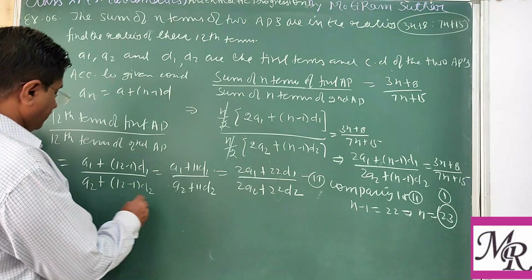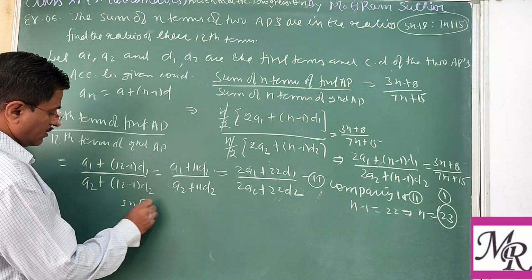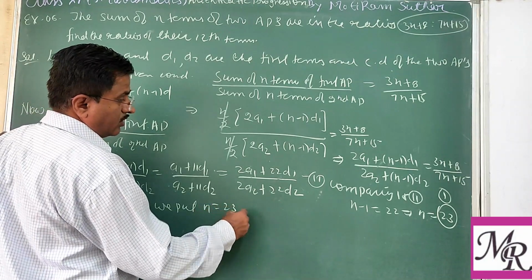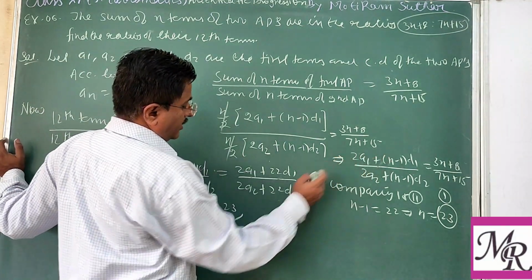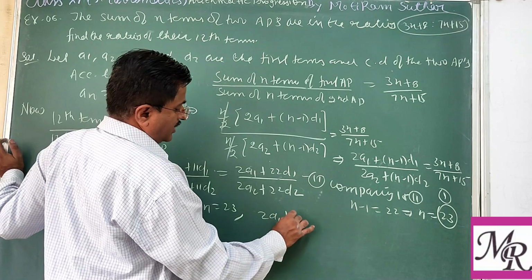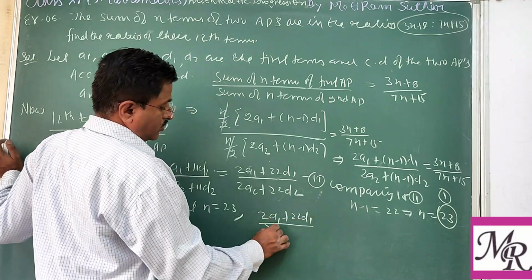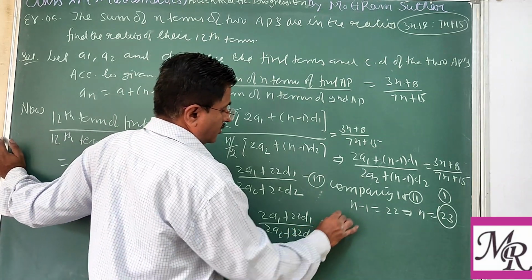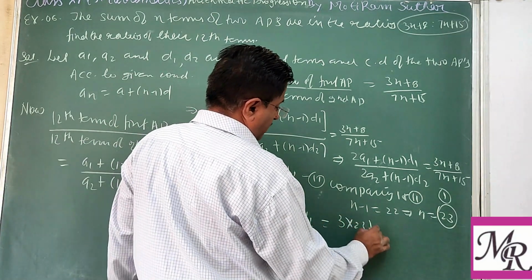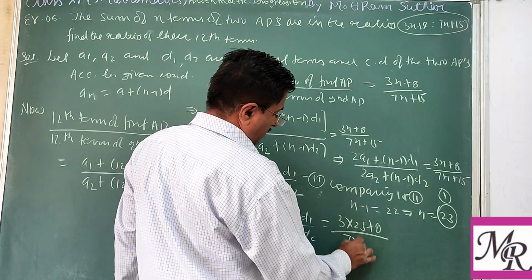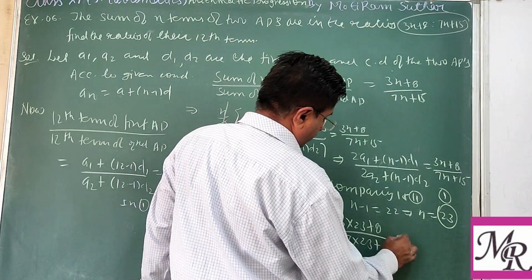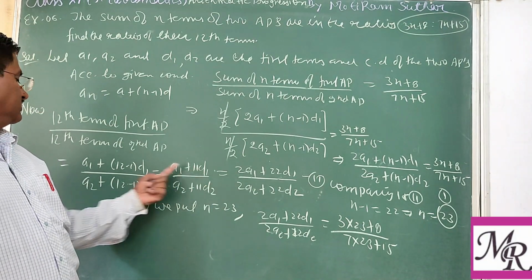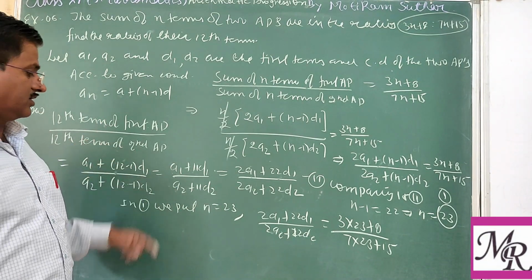So in equation 1, we put n equal to 23. So with n equal to 23, the left side is 2a1 plus 22 d1 upon 2a2 plus 22 d2, which equals 3 into 23 plus 8 upon 7 into 23 plus 15. This simplifies again, and this gives the ratio of the 12th terms.